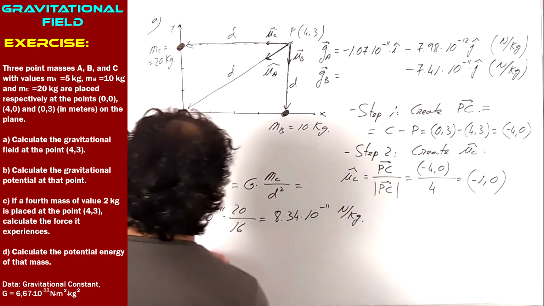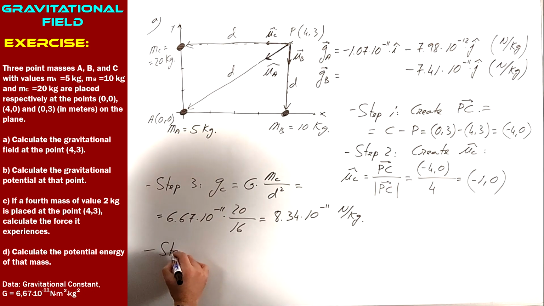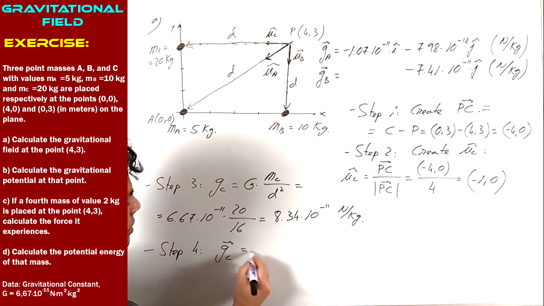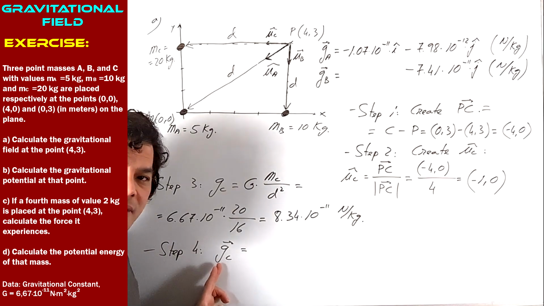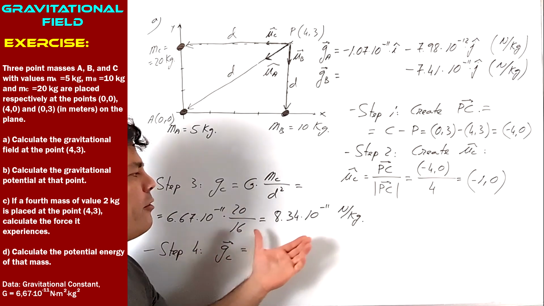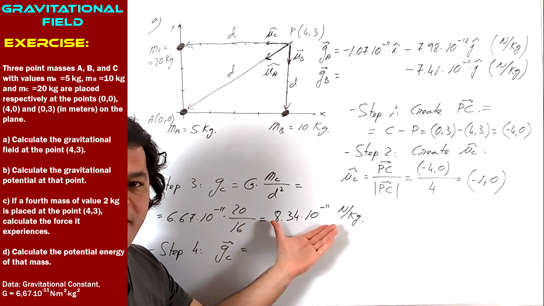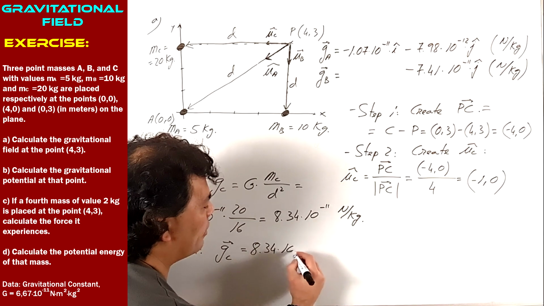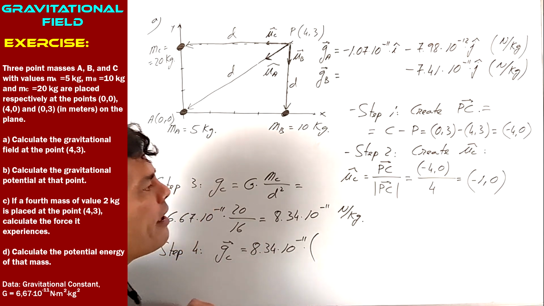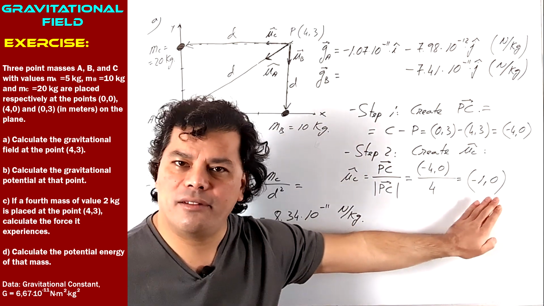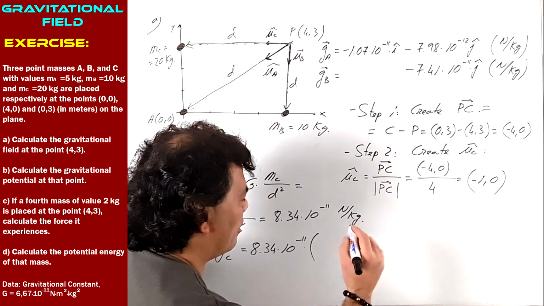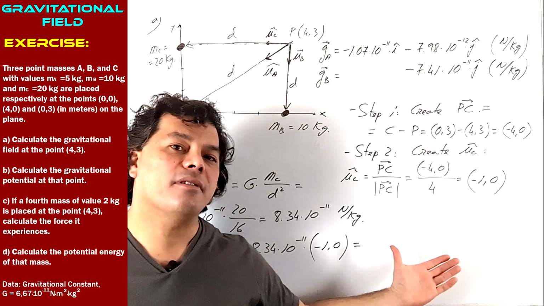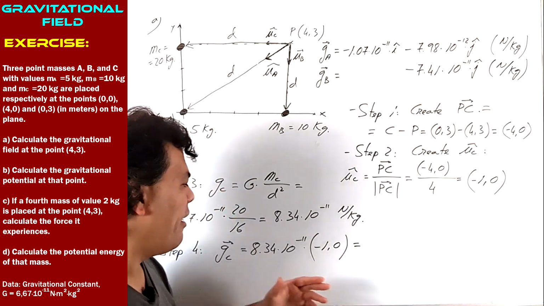And there comes the last step, step number 4, where we calculate the gravitational field at point P caused by mass C just by multiplying in vectorial form this magnitude, 8.34 times 10 to the negative 11, by the unit vector that we built at step number 2, (-1, 0). We present the solution in the physical form.